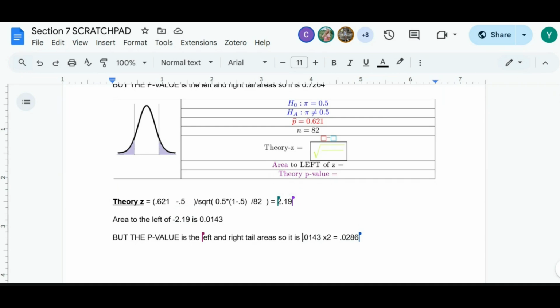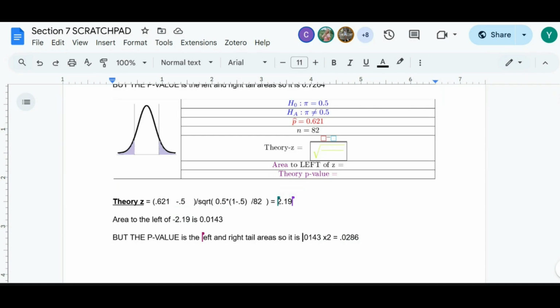But if you want a shortcut, you know this is at 2.19, but you also know that the area is the same on both sides. You can flip the sign just for the purposes of getting the area. I'm not saying z is 2.19 or negative 2.19. I'm saying you flip it so that you do less work on the table. That's a very good question, actually. I'm not saying z turns into a positive number or negative number or something like that.